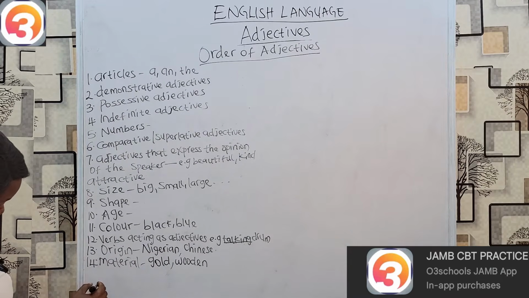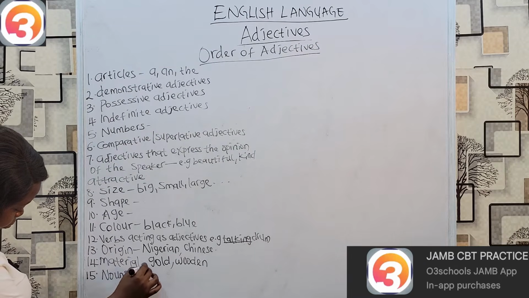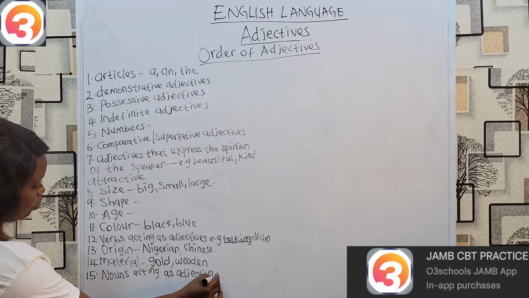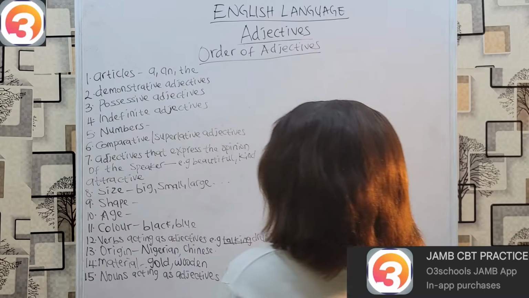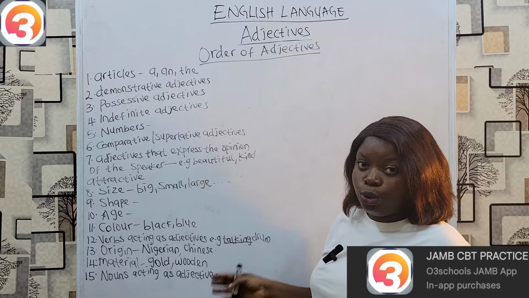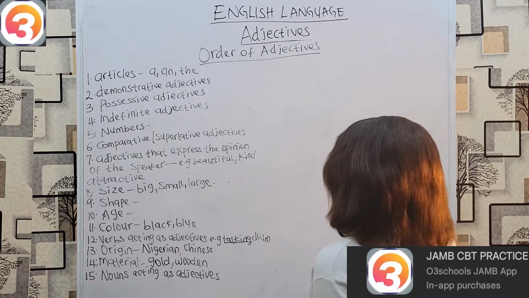Then we have nouns acting as adjectives, before the noun being described. So if we were to have multiple adjectives in a sentence, this is the order in which we are to follow to arrange them. So let's look at questions under this.